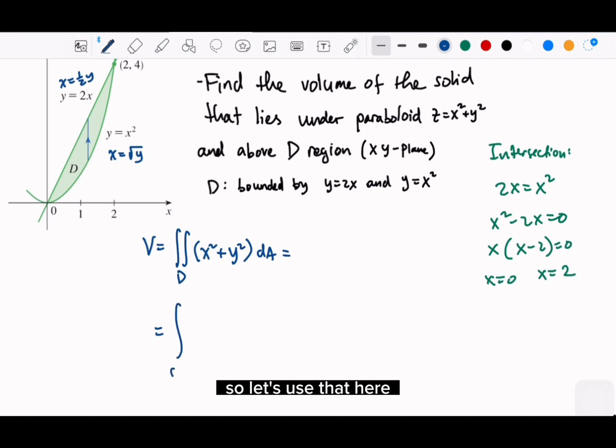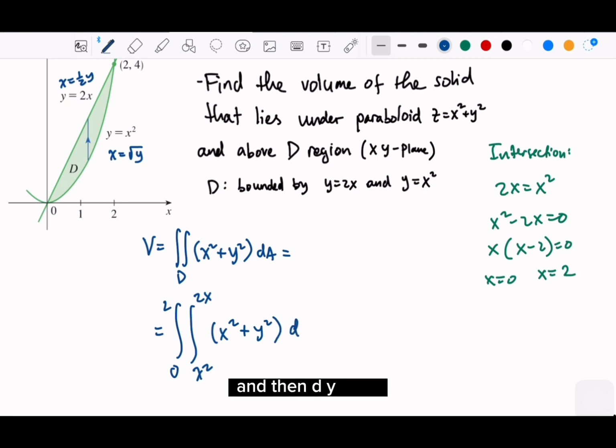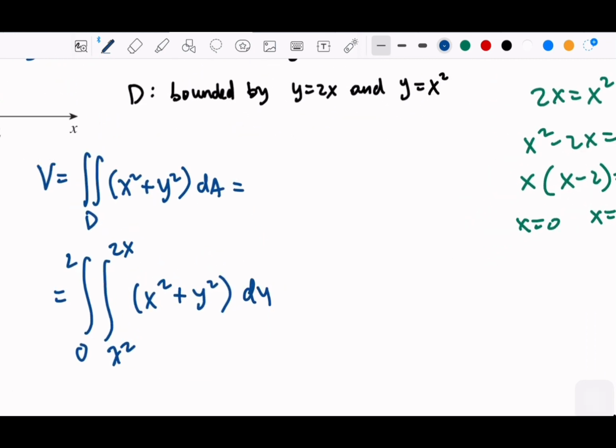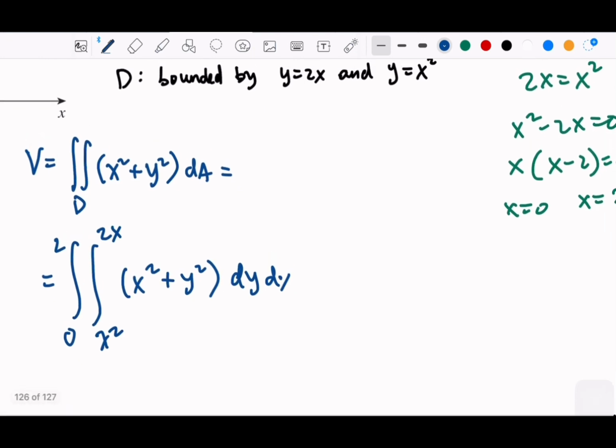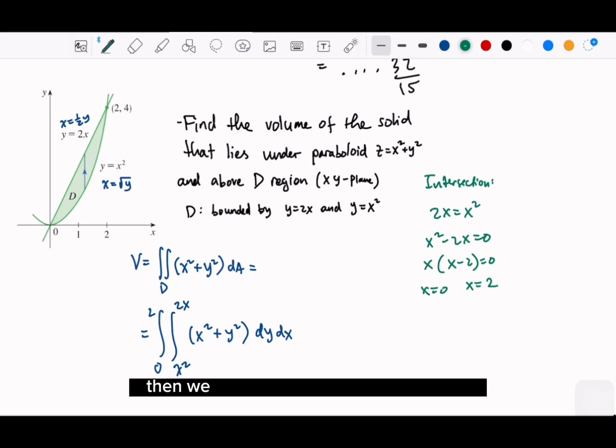So let's use that here. And this is y, so y will go from x squared to 2x, of x squared plus y squared, and then dy dx. If you choose another way, then we need to check the constants on y. This will be 0 and this will be 4, right?